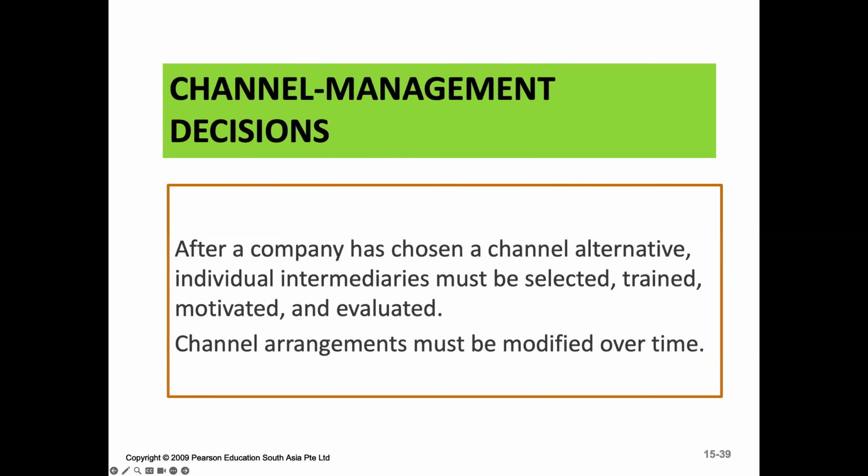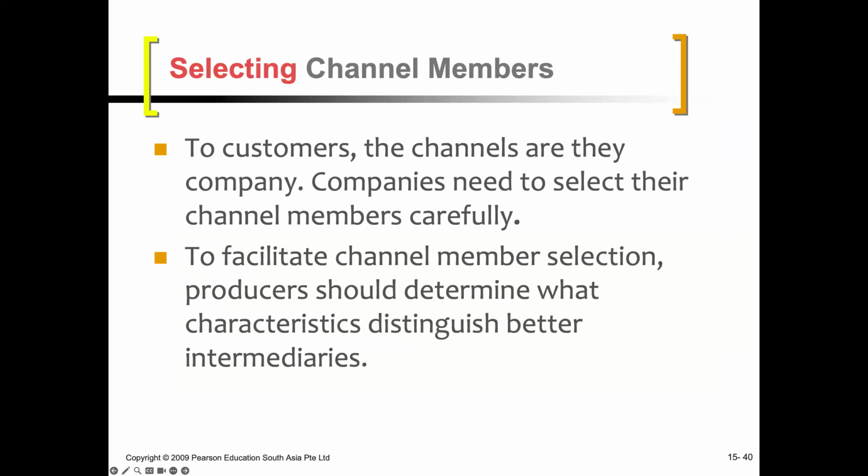First is selecting the channel members. So to customers, the channels are the company. The companies need to select their channel members very carefully. To facilitate the channel member selection, producers should determine what characteristics distinguish better intermediaries.